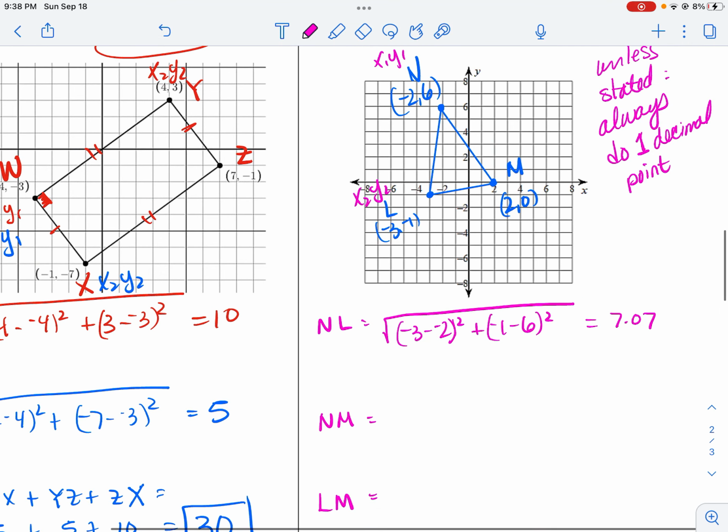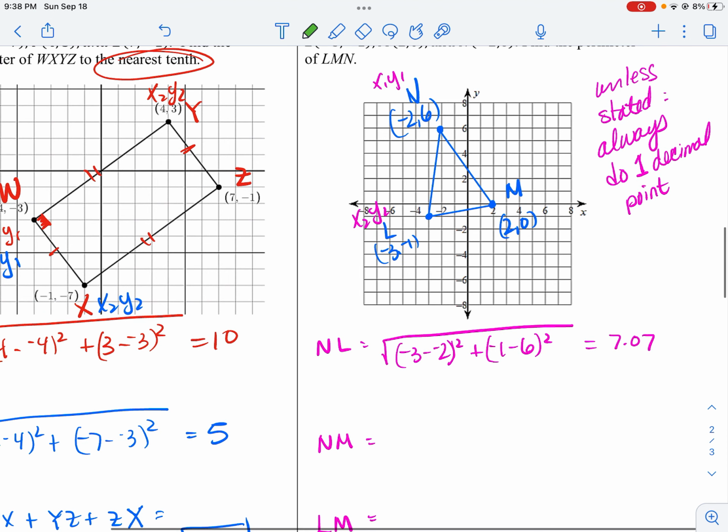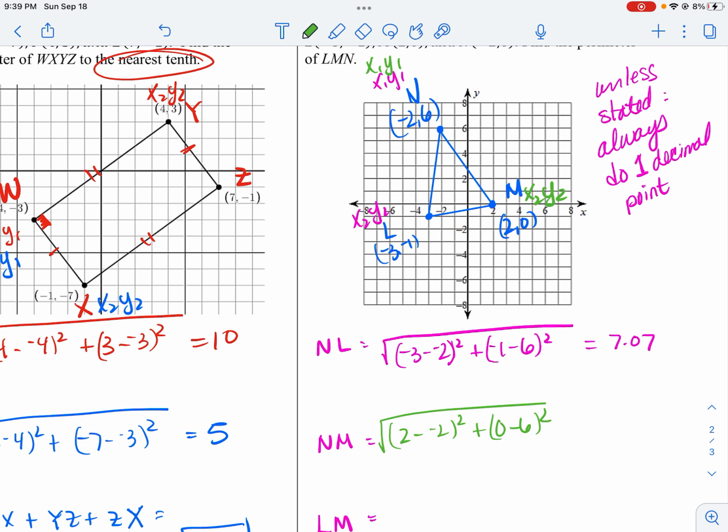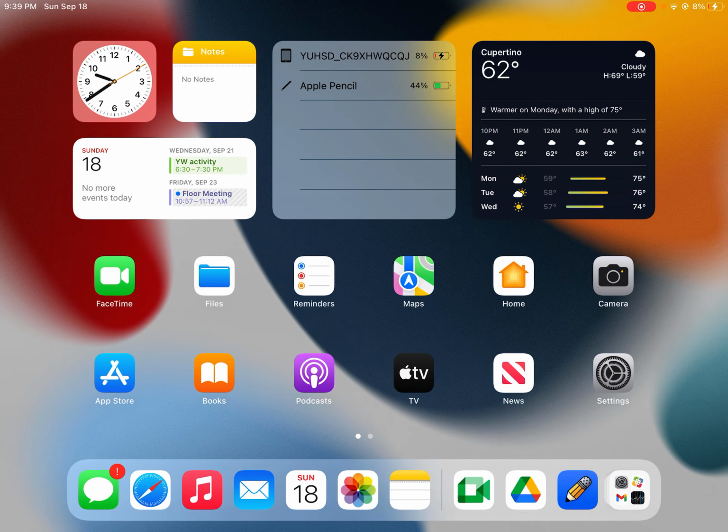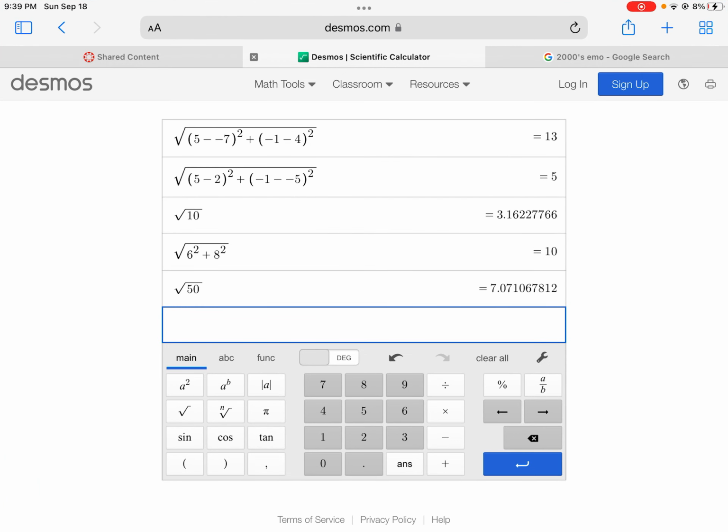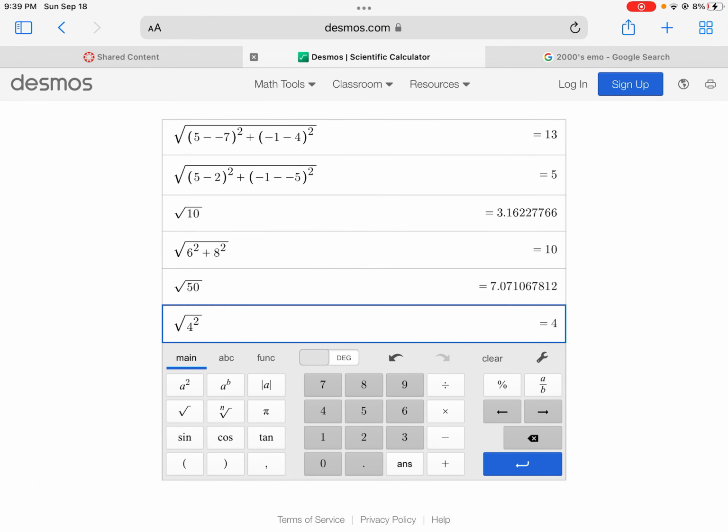So then we're going to find NM. I'm going to change colors. I'm going to leave N x1, y1, so I'm going to make M x2, y2. So that's 2 minus a -2 squared plus 0 minus 6 squared. That's 4 squared plus 6 squared. That's 7.21.